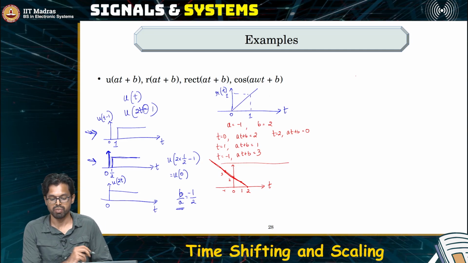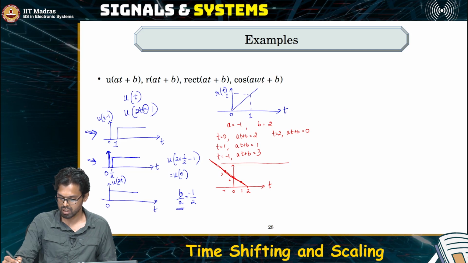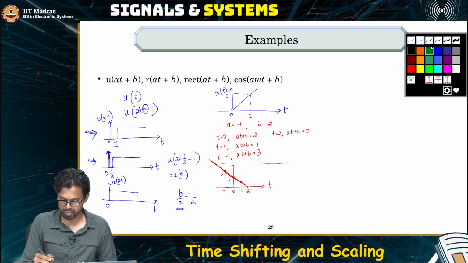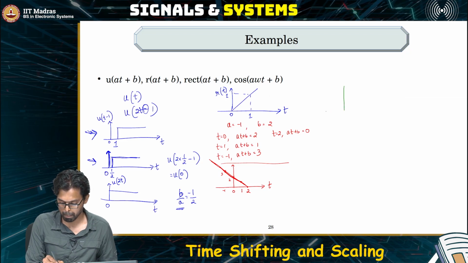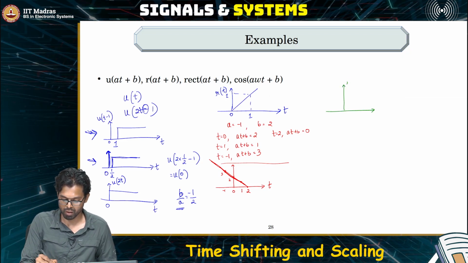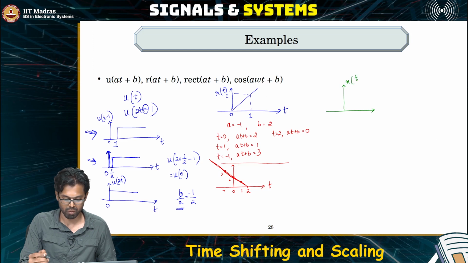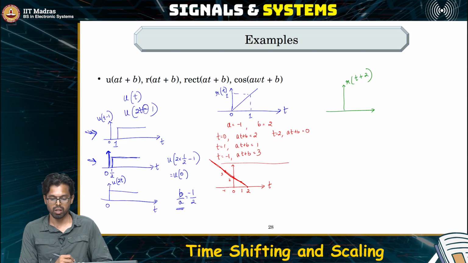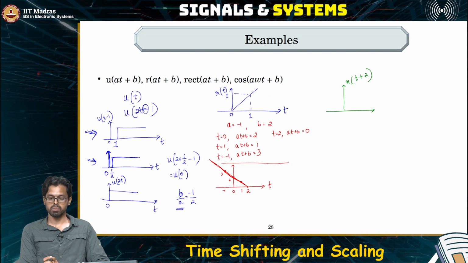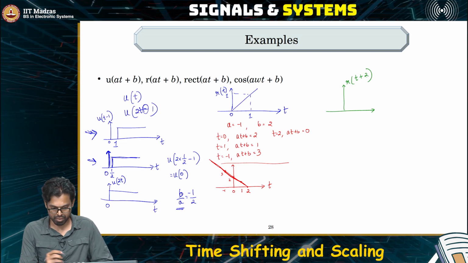So let's first shift. If we shift first, let's see what we get. I'm going to shift the ramp by 2, r of t plus 2. This b is positive, which means that it will get shifted to the left.